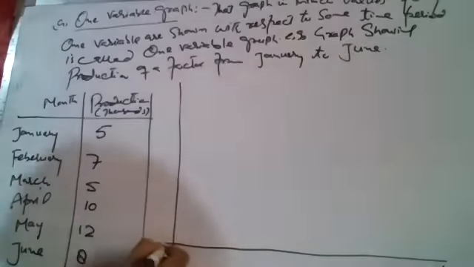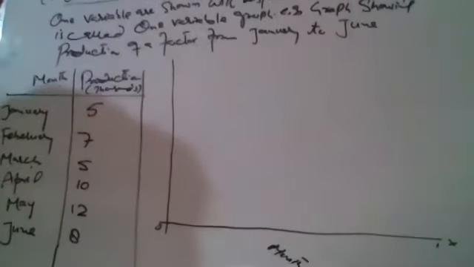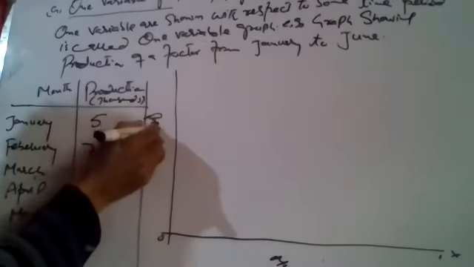We can make a graph. OX shows months and OY shows production.